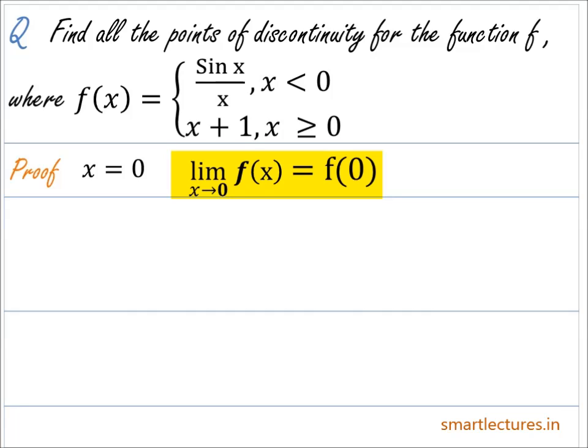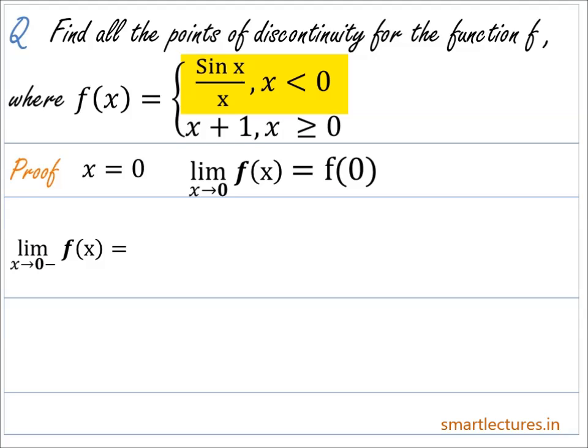Now the value of the given function is different depending upon whether x is less than 0 or x is greater than 0. So in this case, we shall have to calculate both its left hand limit and the right hand limit. So let's first calculate its left hand limit. Now limit x approaches 0 from the left hand side, f of x is equal to, now when x is less than 0, f of x is equal to sin x upon x.